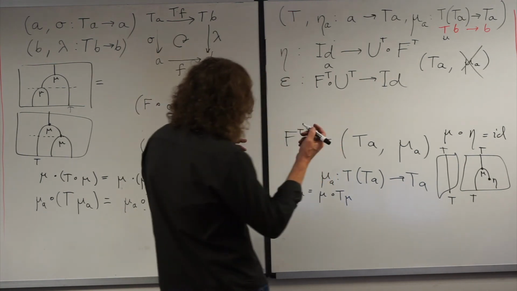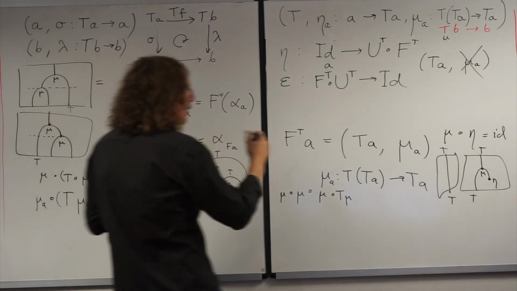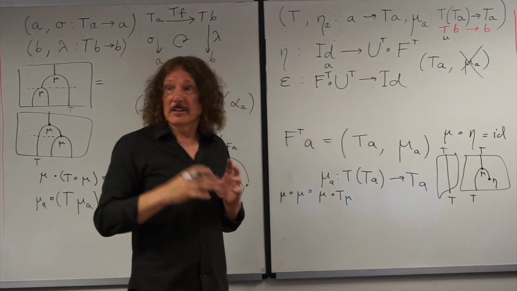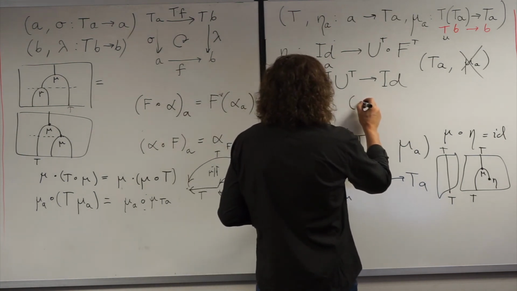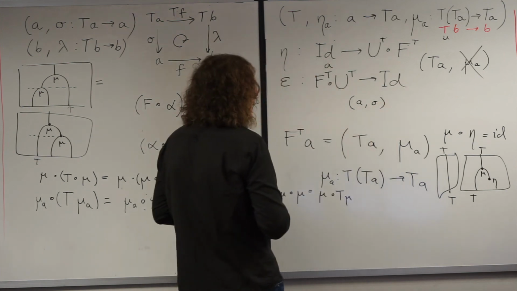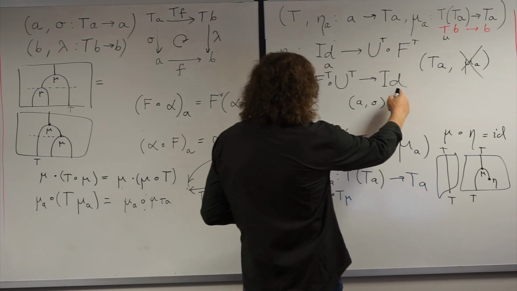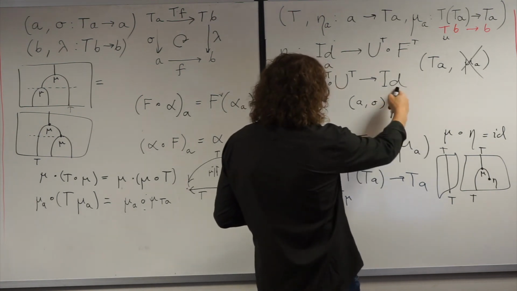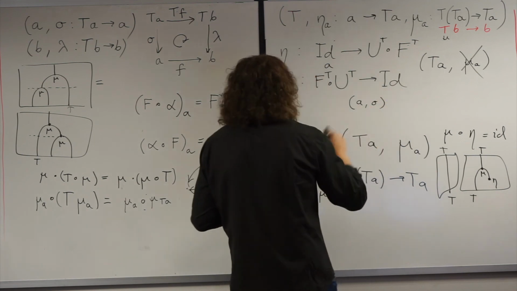Epsilon is a little bit difficult because epsilon acts on an algebra. So I have to start with some algebra, let's say (A, sigma), right? The right-hand side will just give me (A, sigma) again. Acting on algebra (A, sigma), it gives me (A, sigma).